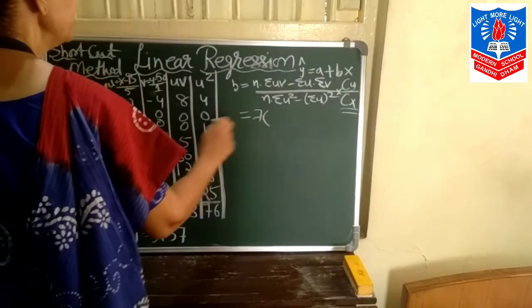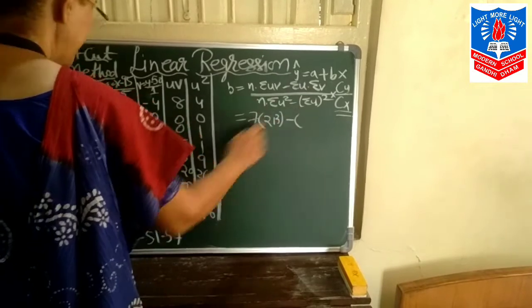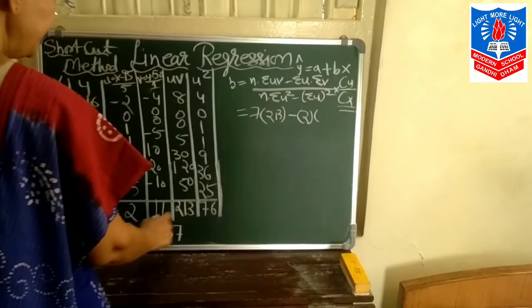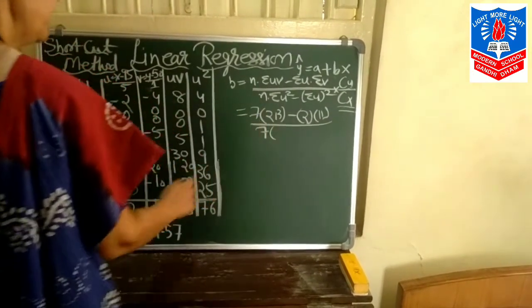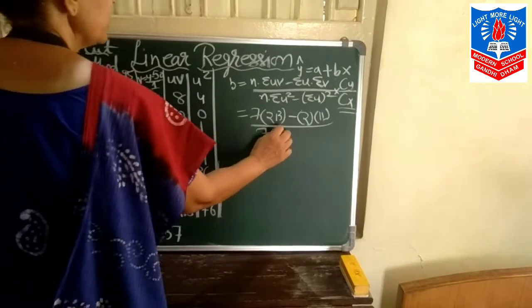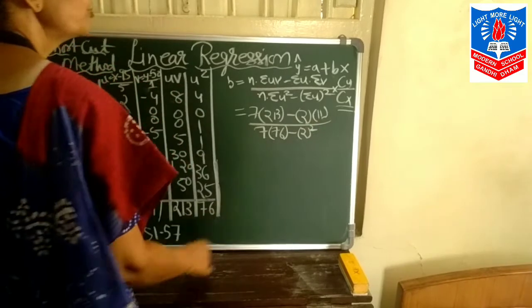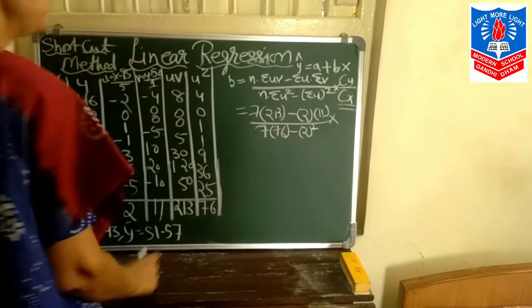So 7 into sigma uv, which is 213, minus sigma u, which is 2, into sigma v, which is 11, upon n times sigma u square, which is 76, minus 2 whole square, into cy upon cx.